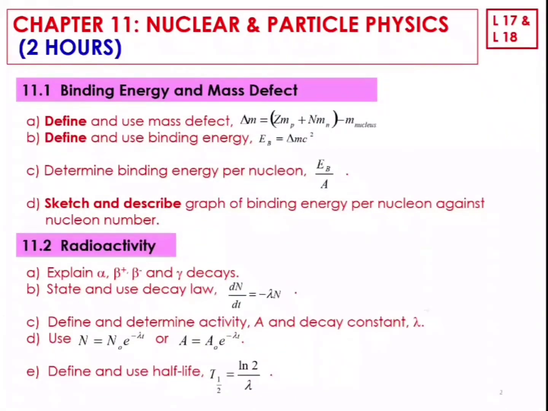This is the symbol for decay constant, lambda. Next, use N equal to N naught, exponent negative lambda t, where lambda is the decay constant, and A equal to A naught, exponent negative lambda t. And the last one is define and use half-life, t half equal to ln 2 over lambda.